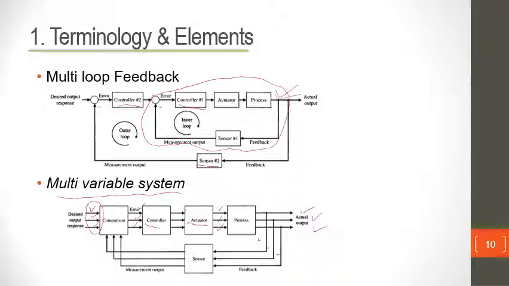So in this case, this would be a typical example of a three variable system, as you can see. So control systems themselves can also be that complex based on how complex the process is and the approach within which the control system has been designed.